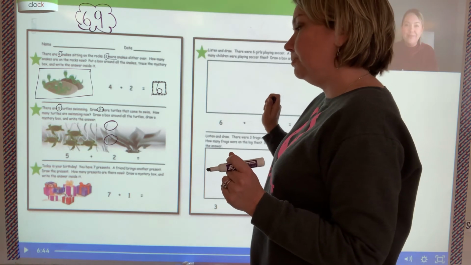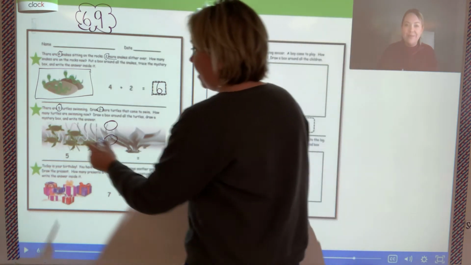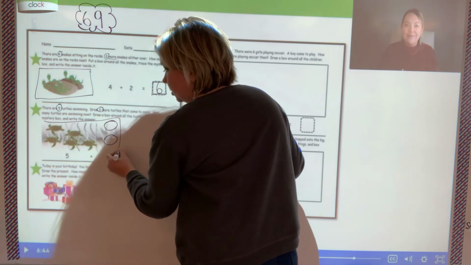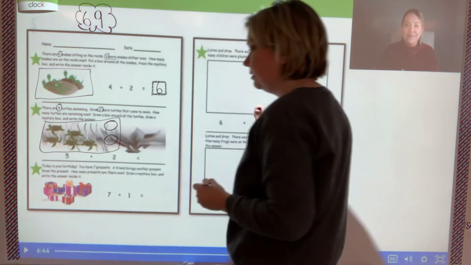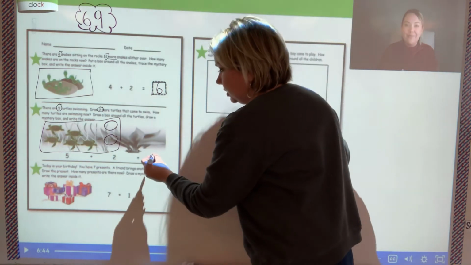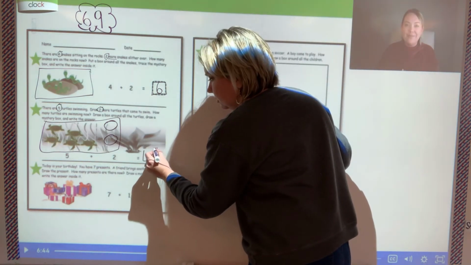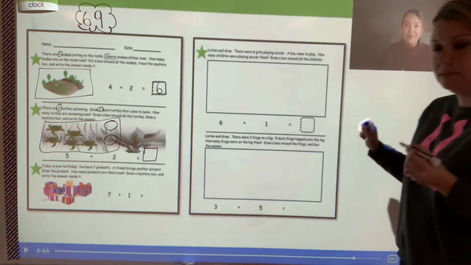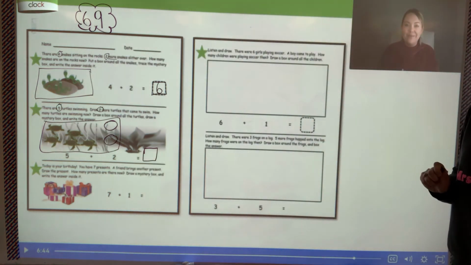How many turtles are swimming now? Draw a box around all the turtles. Okay? Draw a mystery box for the answer. Okay, there's my mystery box.